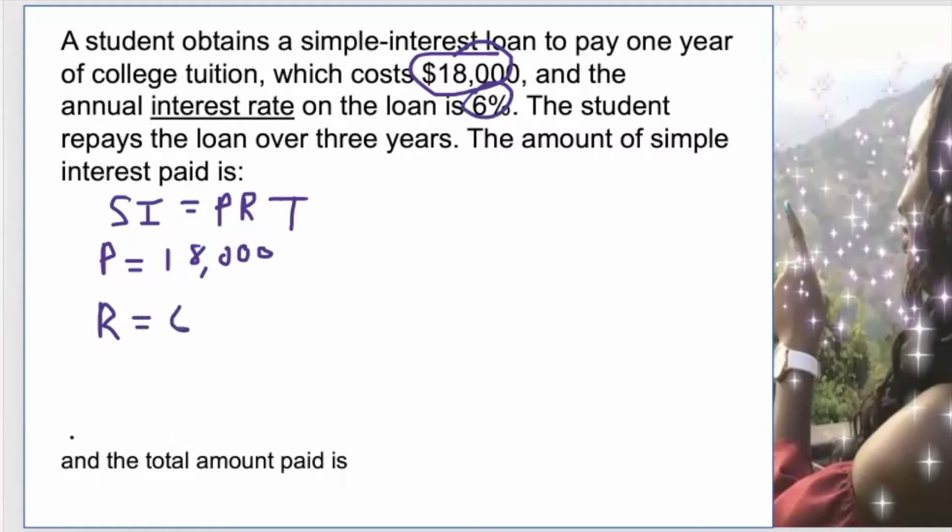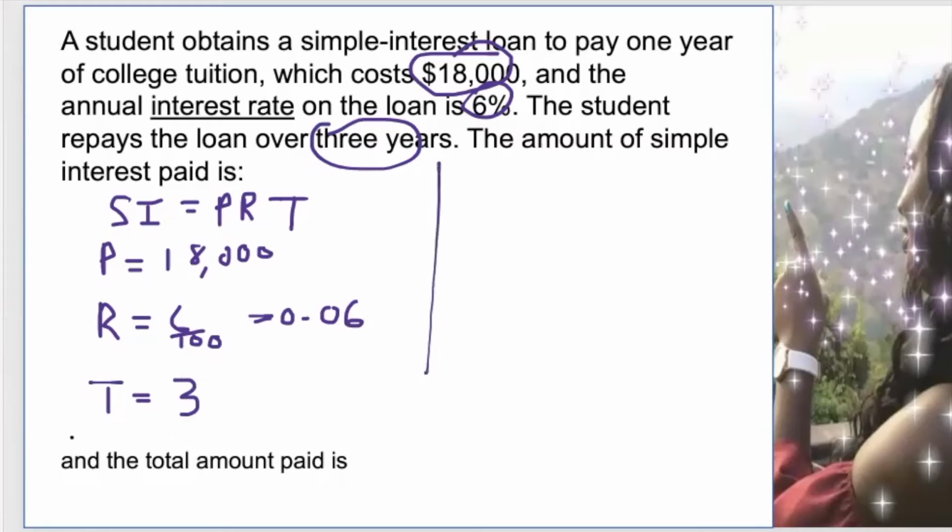So 6% is the rate, but divide it by 100 to convert it to decimal. So what I have is 0.06. Finally, T is time and it is in years, so it will be 3.